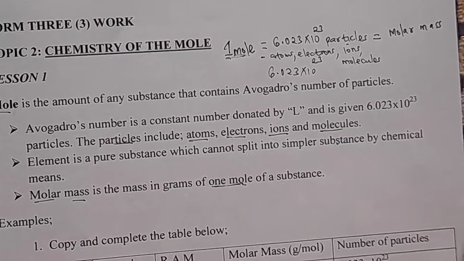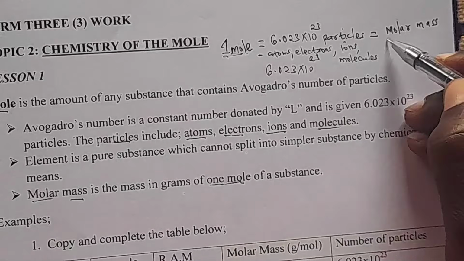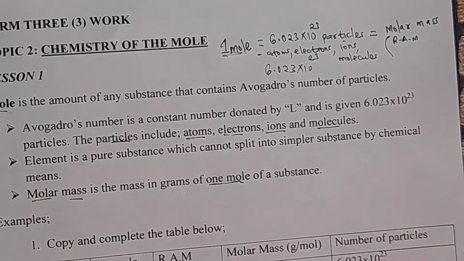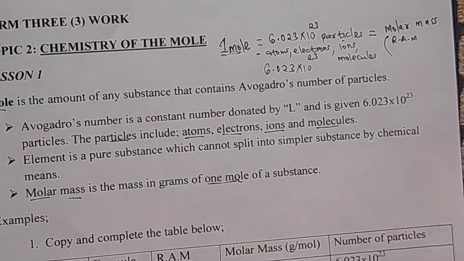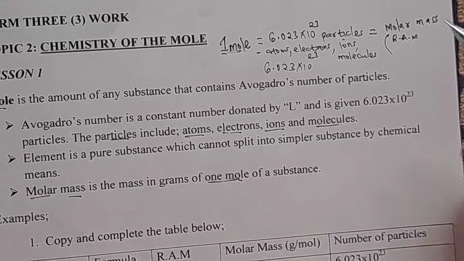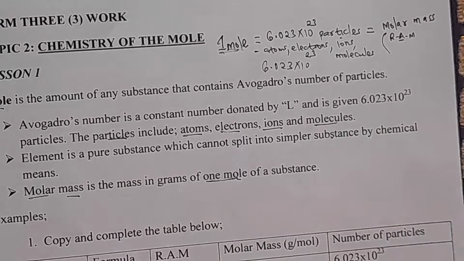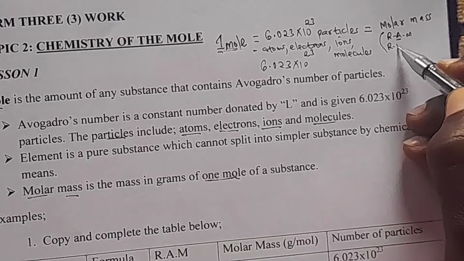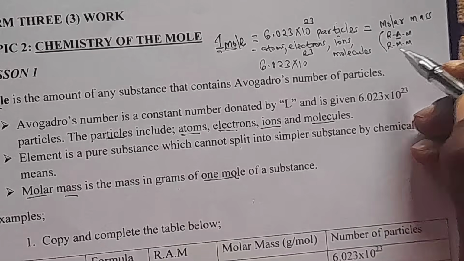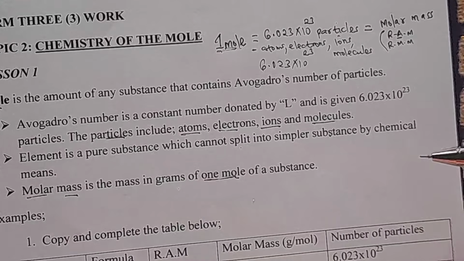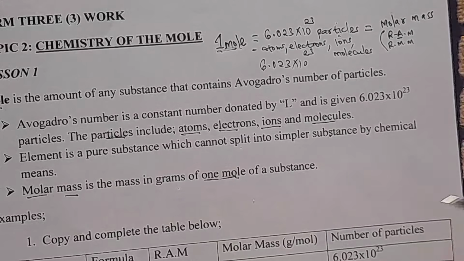When you are talking about molar mass, it includes relative atomic mass, which can be written as RAM. That is the molar mass of an element. Or we can have RMM, the relative molecular mass, if you are dealing with a molecule like water, oxygen, nitrogen or chlorine molecule.